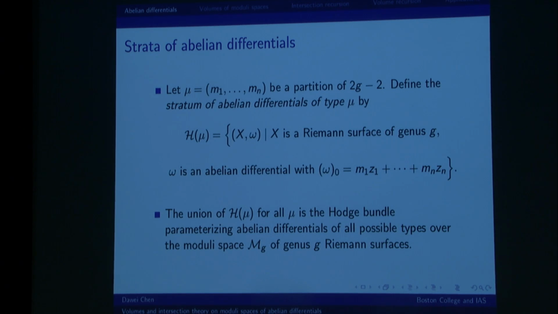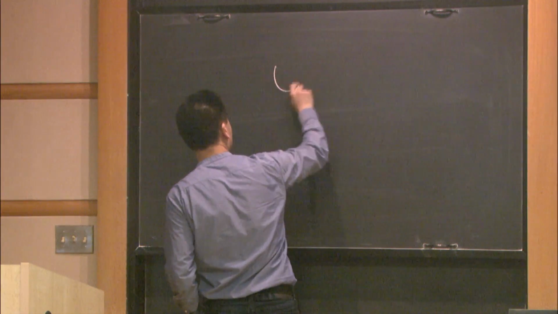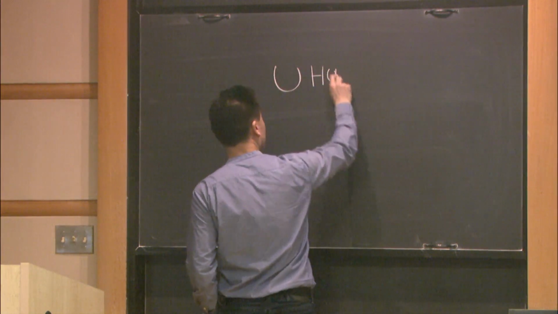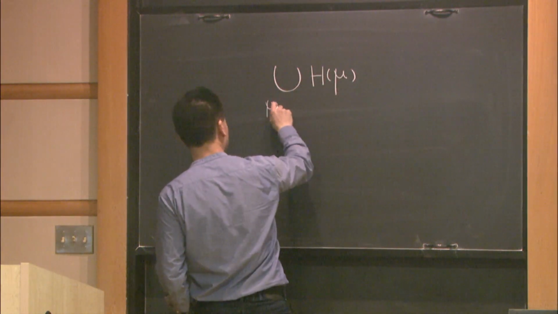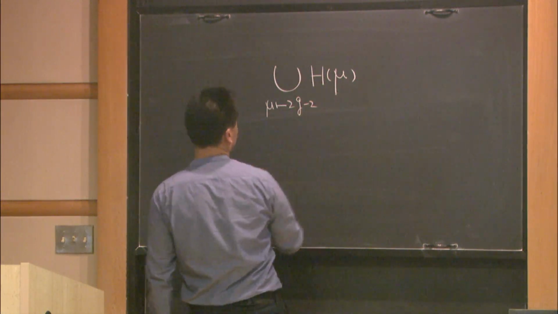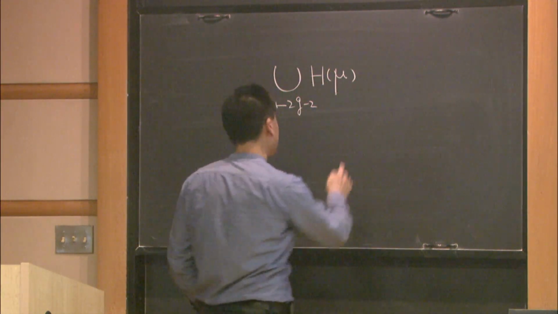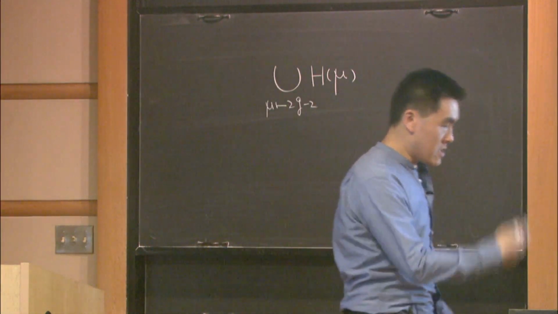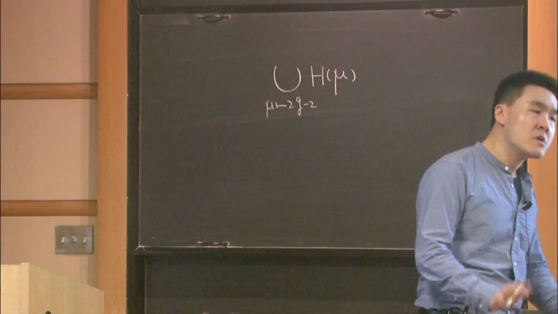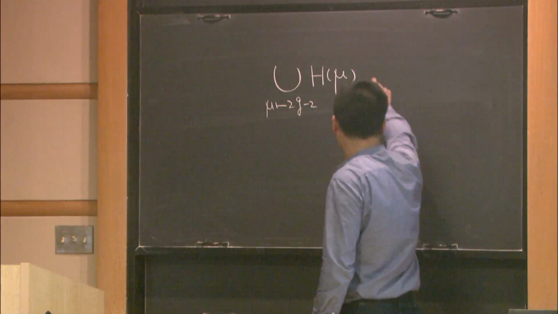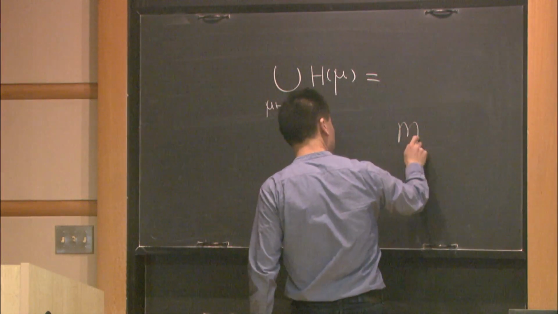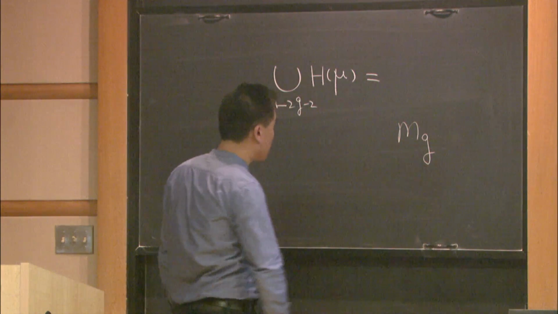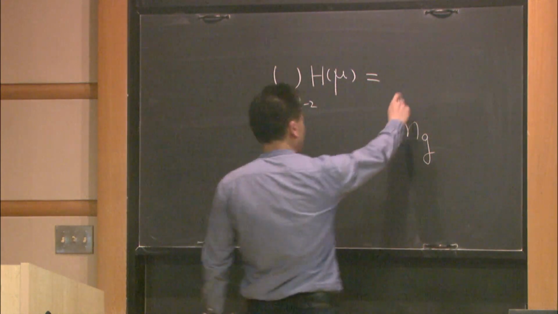Okay, so let me explain why they are called strata. If you still fix G, you take their union. We consider all possible partitions of 2g minus 2, in other words, regardless of zero type. That means you pick any genus G Riemann surface and look at the holomorphic one form of arbitrary type. The moduli space of genus G Riemann surfaces is denoted by M_g.